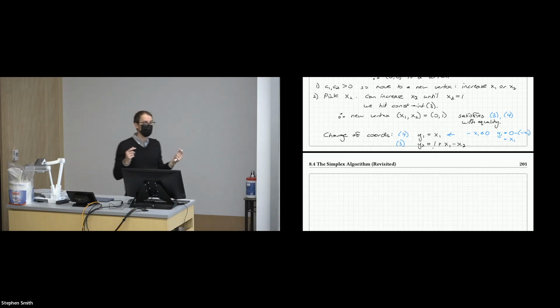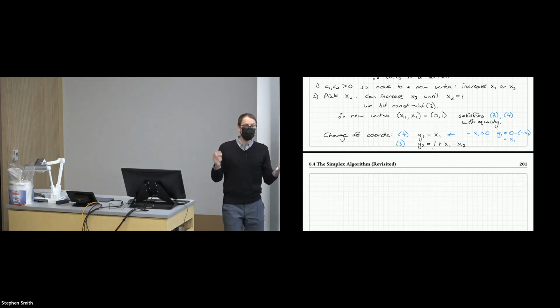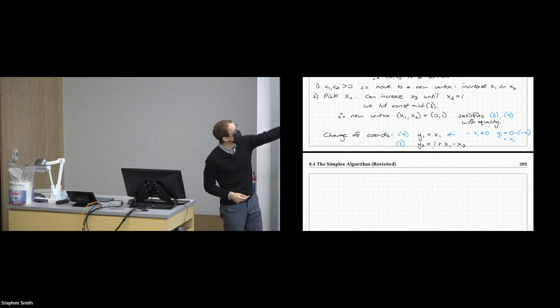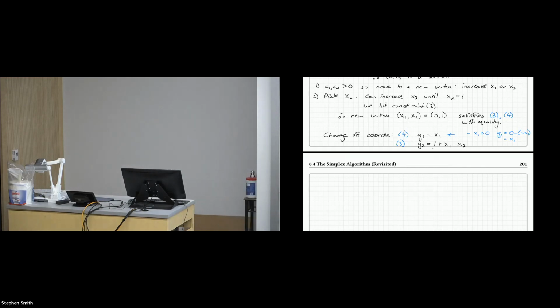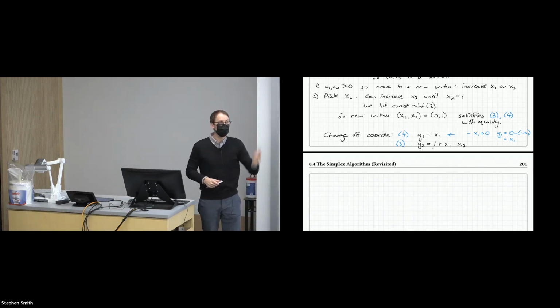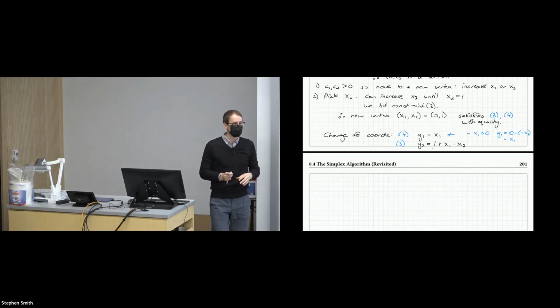Now what I want to do is my change of variables in my linear program. My linear program is written in terms of x's, and I want to rewrite it in terms of y's. That means I have to solve back out, with this definition, my x's in terms of y. Then I can plug them back into my LP, which is in terms of x's, and get a new one in terms of y's.